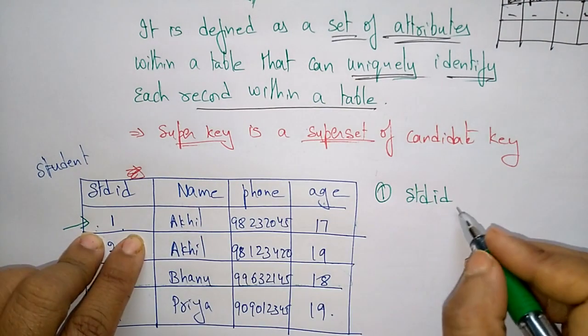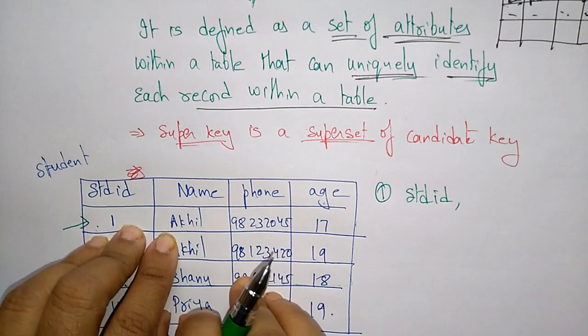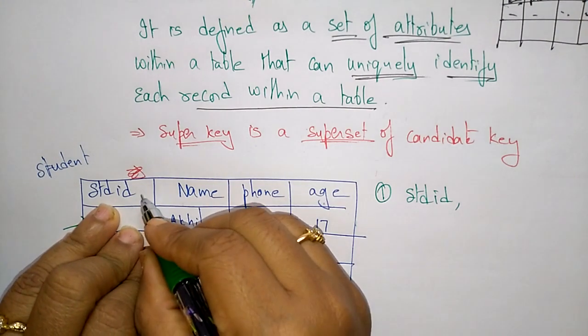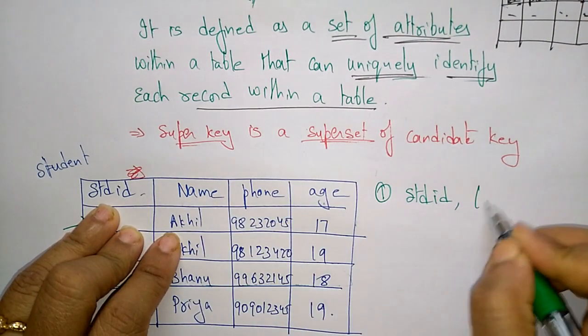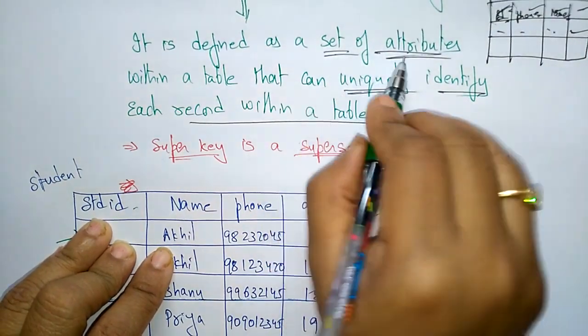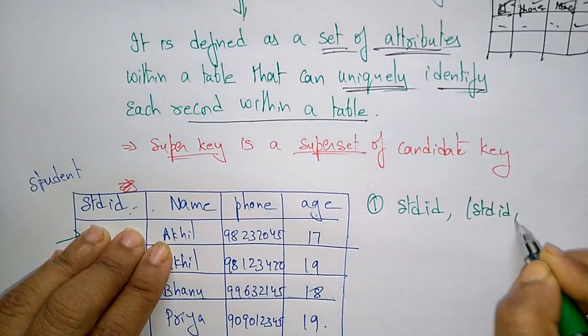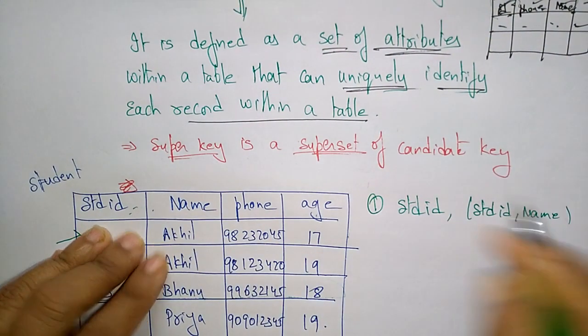So there are so many super keys in one table. Student ID is one super key, or else you can take a combination. I said the set of attributes. So with the help of student ID comma name, I can identify the record.